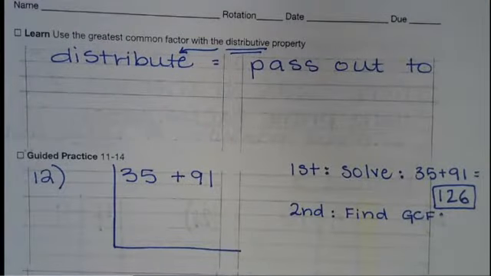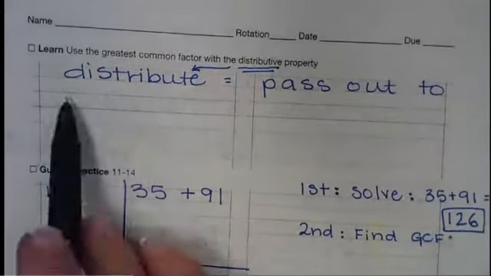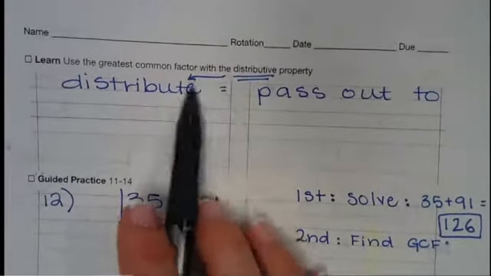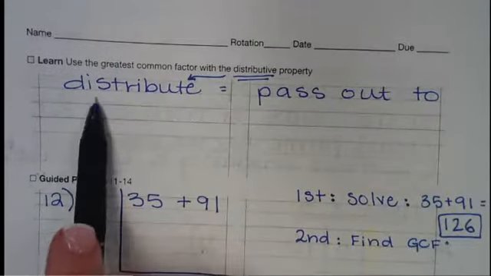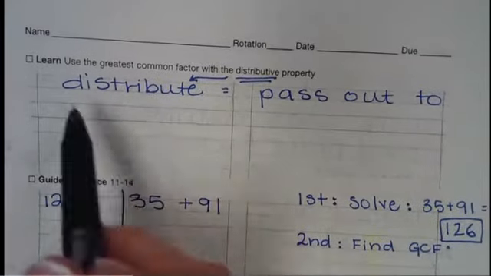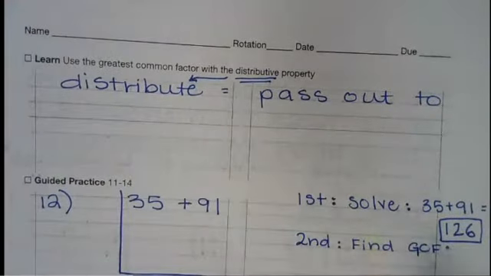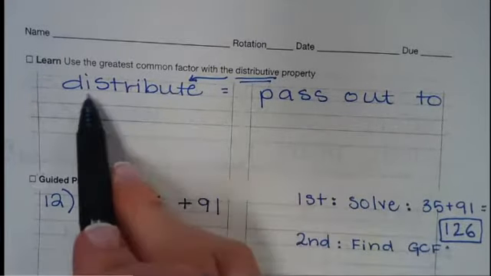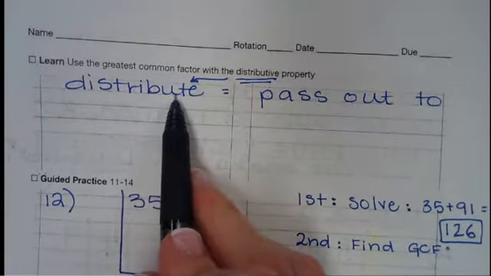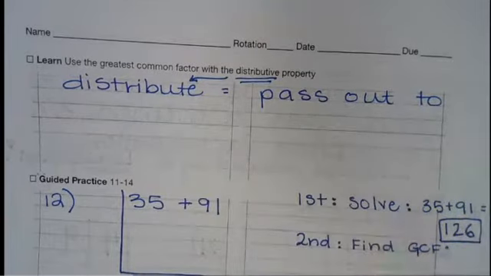Okay, the last thing we're going to work on is using greatest common factor with the distributive property. So remember, the distributive property means to distribute or to put it in a different order, to kind of rearrange it in a way. If you think of distributing, like when a teacher distributes papers, they're passing them out.